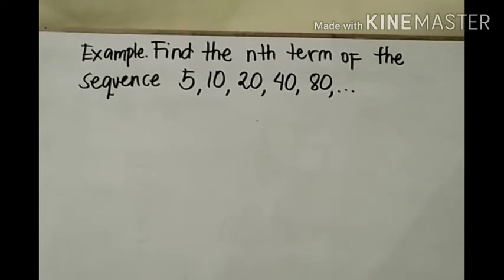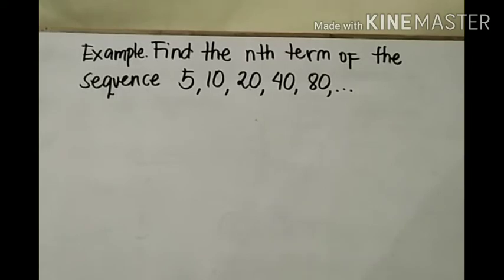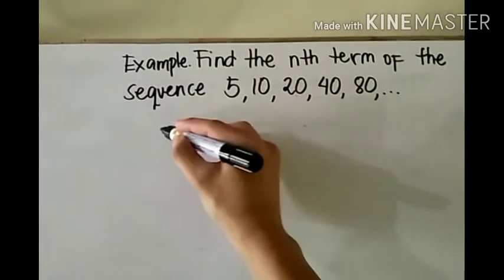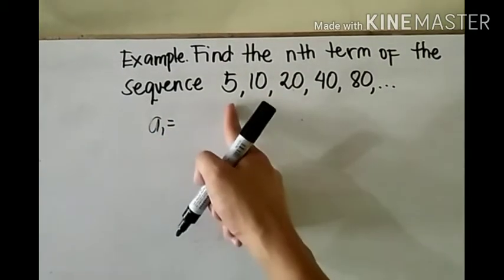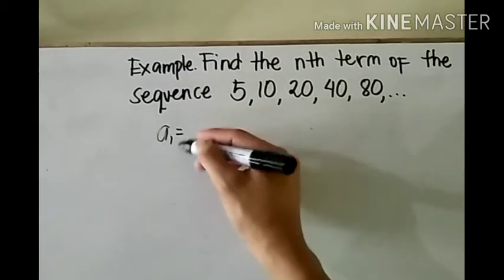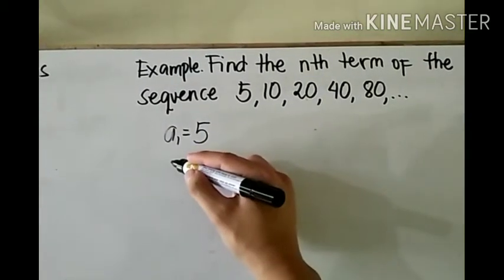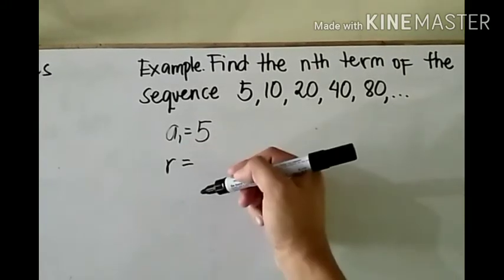Example, find the nth term of the sequence 5, 10, 20, 40, and 80. So, i-identify muna natin yung mga given at ang kailangan natin dyan ay a sub 1. A sub 1 is always the first number in the sequence and that is 5. Next na i-identify natin ay yung r, the common ratio.